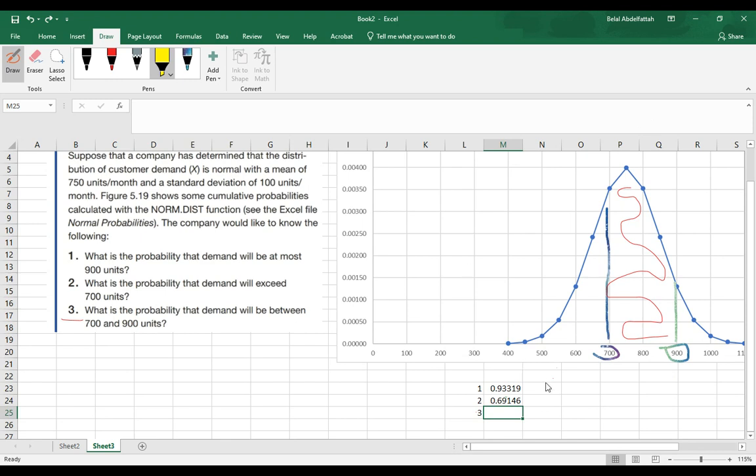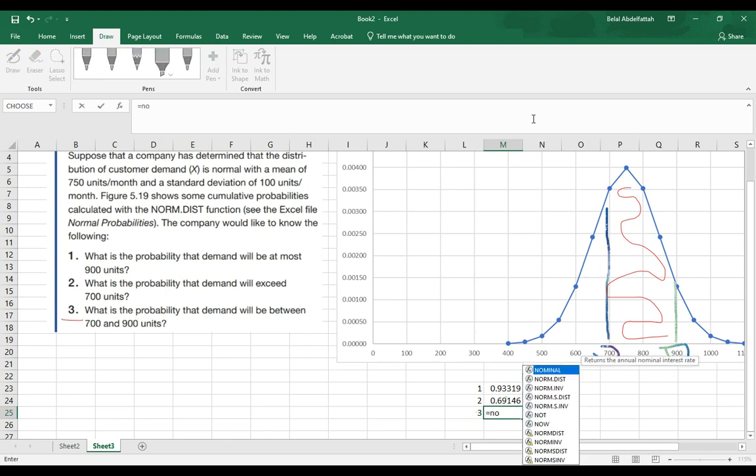Now, what I need to do is use the norm.dist function twice within one cell. I'm going to look for the cumulative probability of 900. So from this line and everything to the left of the distribution. And then I'll do the same thing for 700 and everything to the left of that distribution. And that will give me my probability, but I'll have to make sure that I subtract those values from each other. So let me demonstrate.